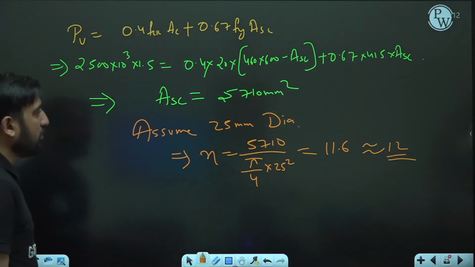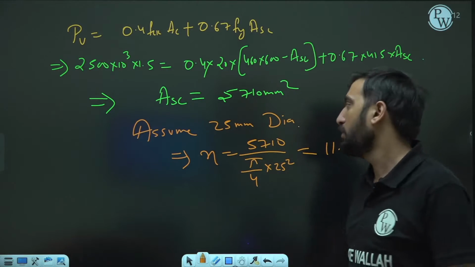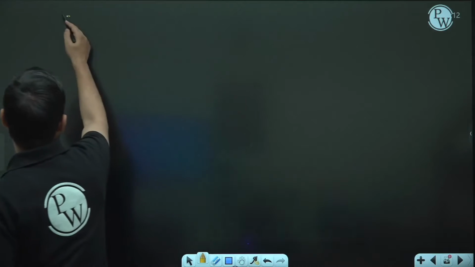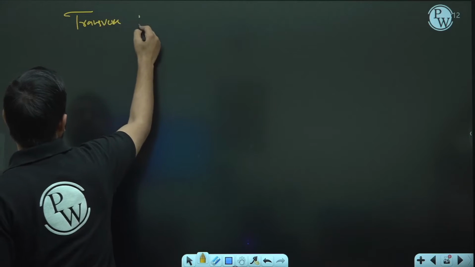After the decision of main reinforcement, now it's time to come back to transverse reinforcement. Only two things are required in the transverse reinforcement. What are those two things? First is diameter, and second is spacing.